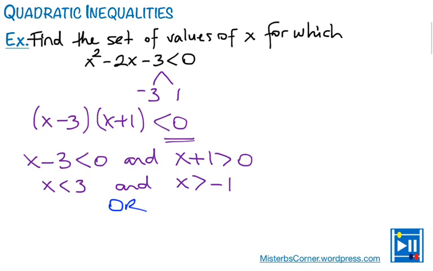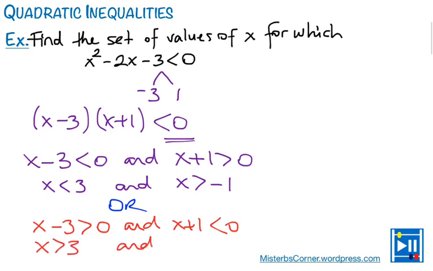Or it's going to be x minus 3 greater than 0 and x plus 1 less than 0. This means x is going to be greater than 3 and x is less than, say, negative 1, right? Now, which of these is possible?